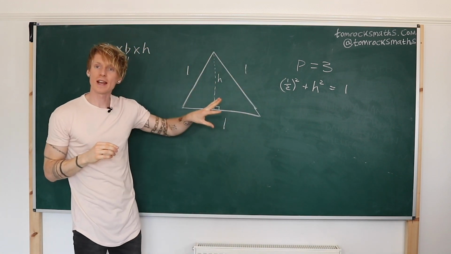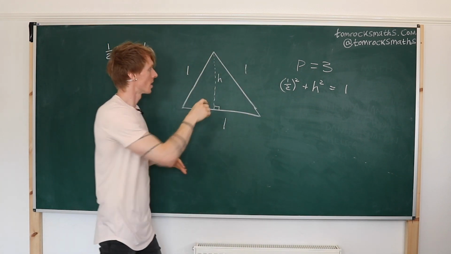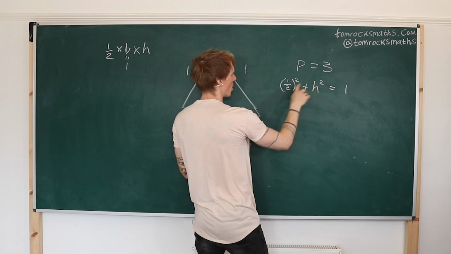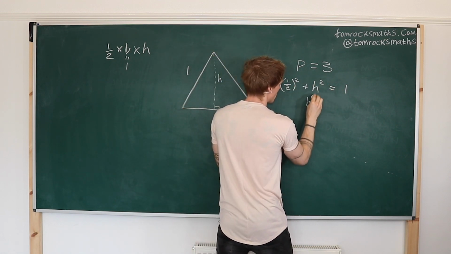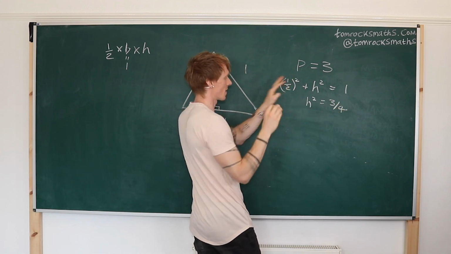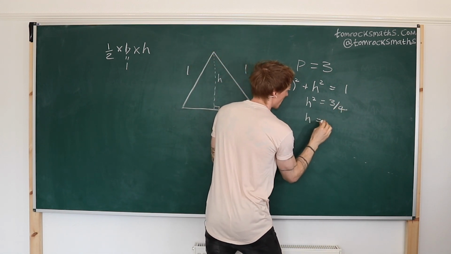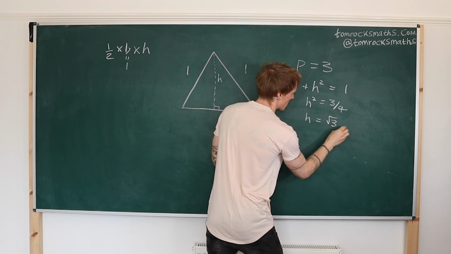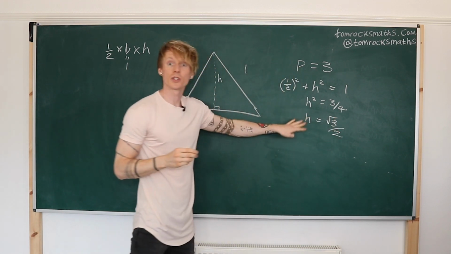So now we can rearrange and solve this to find h. So h squared will be 1 minus 1/4. So h squared is 3/4, just rearranging, and then we square root, and h must be equal to √3 divided by 2.